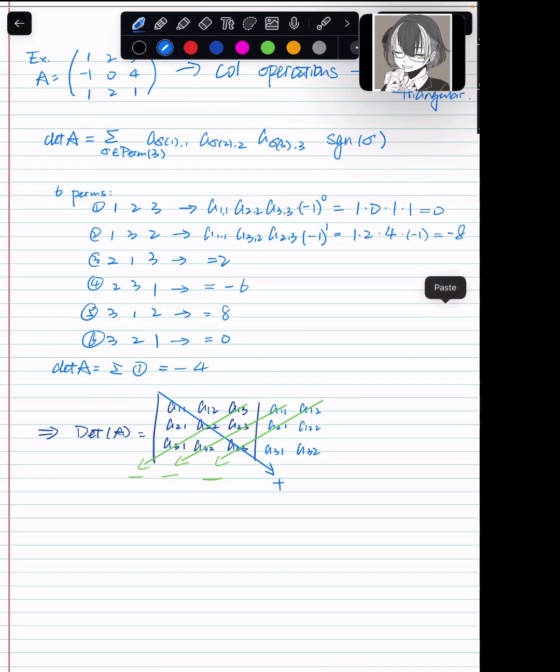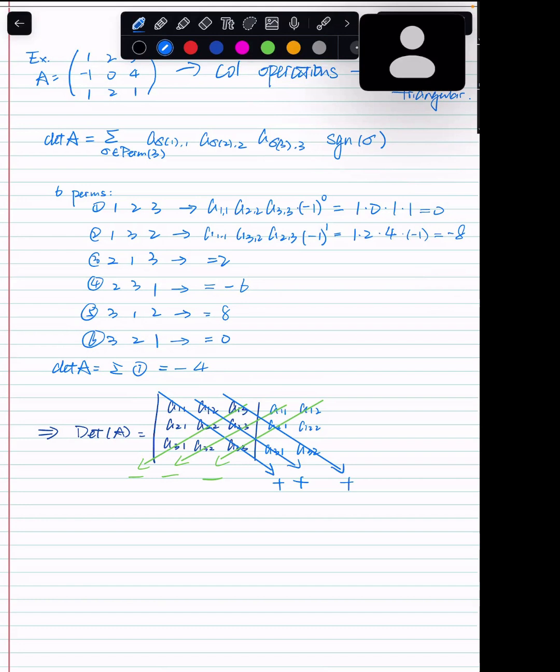So we have 3 negatives going to the left, and we will have same thing, 3 positives going to the right. 3, 1, 2.